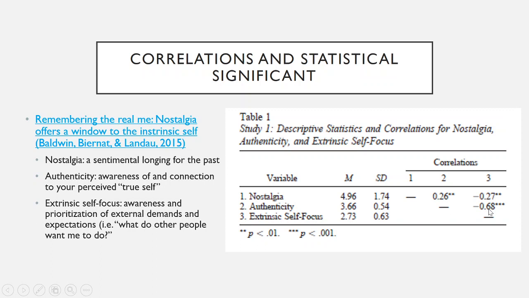This correlation here is the correlation between authenticity and extrinsic self-focus. Like I said, those were just two different approaches to essentially tapping into the same construct. You would necessarily predict those variables to be related because theoretically they should be. They're basically tapping into a similar sort of idea. So despite the fact that that's the strongest correlation, we actually care about it the least.